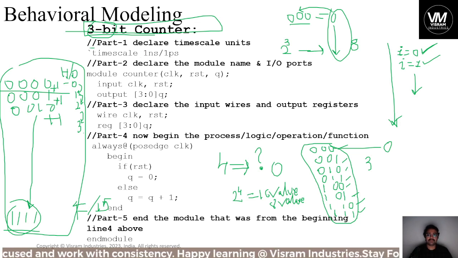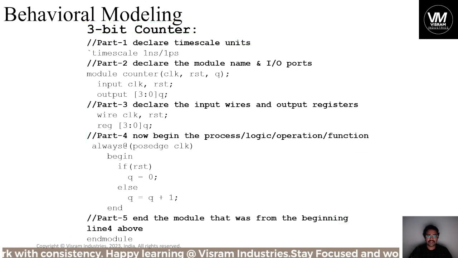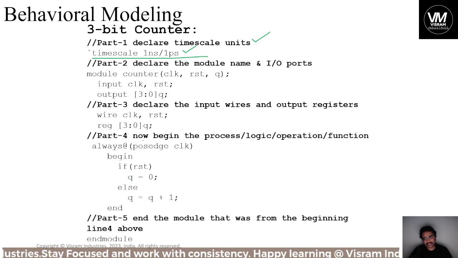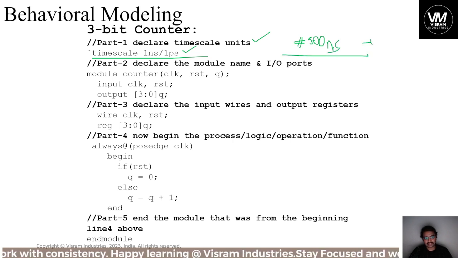So coming to the modeling, coming to the writing of Verilog HDL, you can see part 1 is about declaring timescale. For every Verilog HDL code, it is good if you write a timescale unit, because whenever we use #10 or #500 in the test bench simulation, it says after 500 nanoseconds of the clock you do some task or you assign some value.